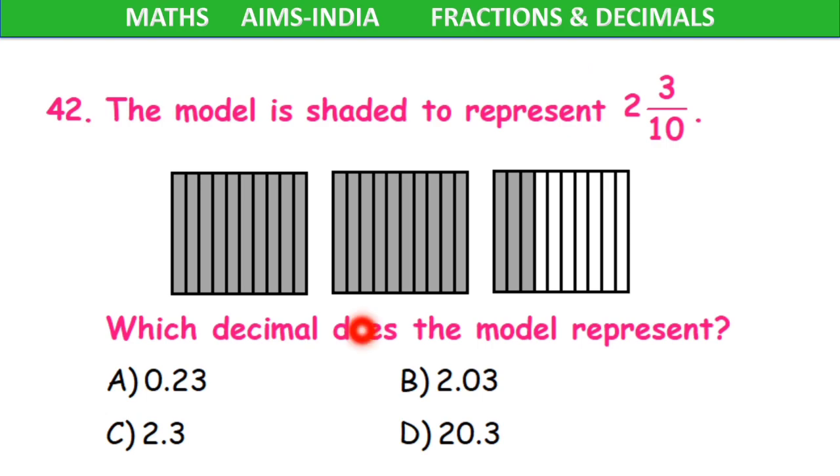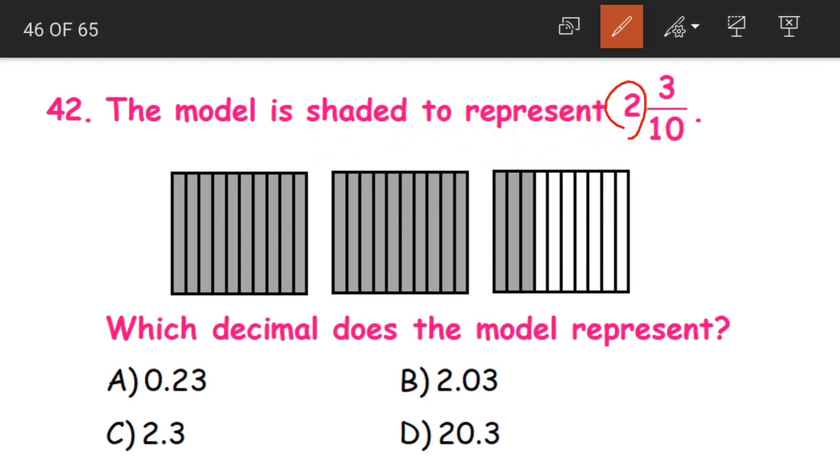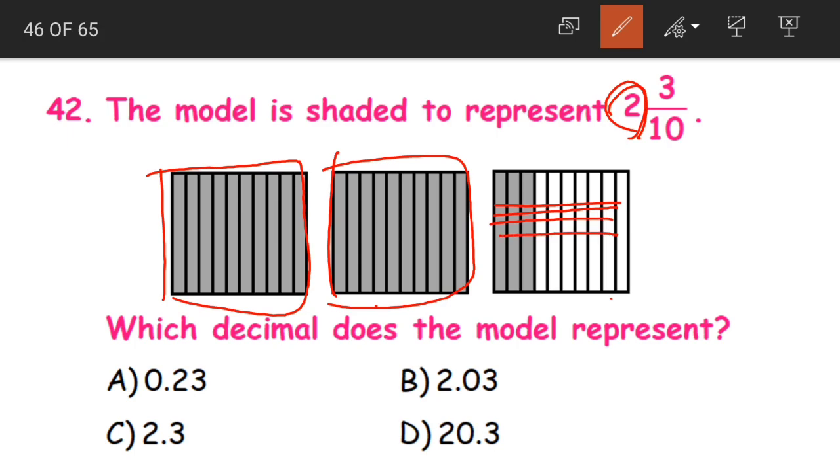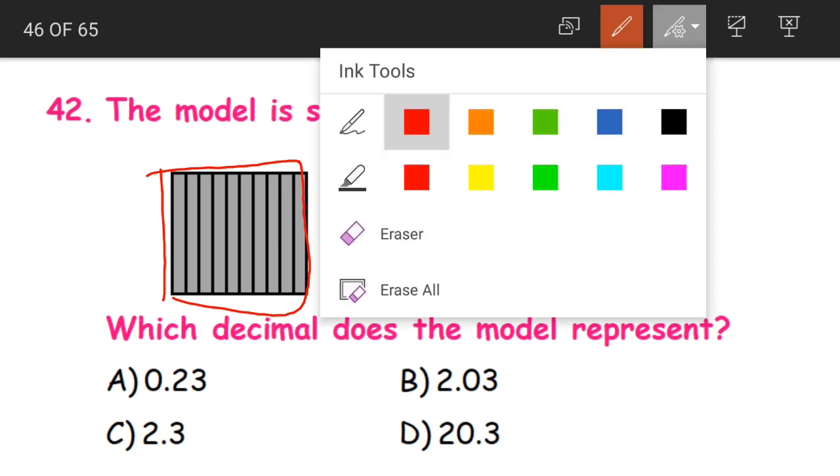The next question 42. The model is shaded to represent 2 3 by 10. Yes, 2 means here two models are completely shaded, so that is representing the whole number 2, and in the third model there are 10 parts. There are 10 parts out of which only 3 are shaded.